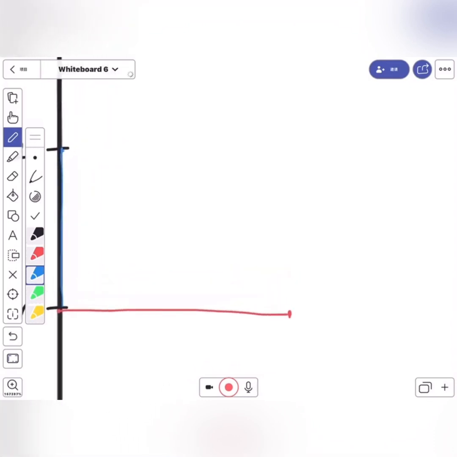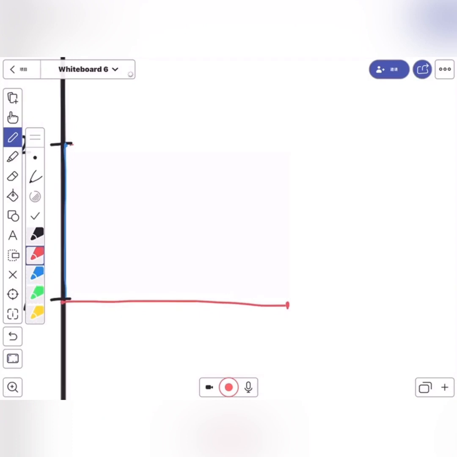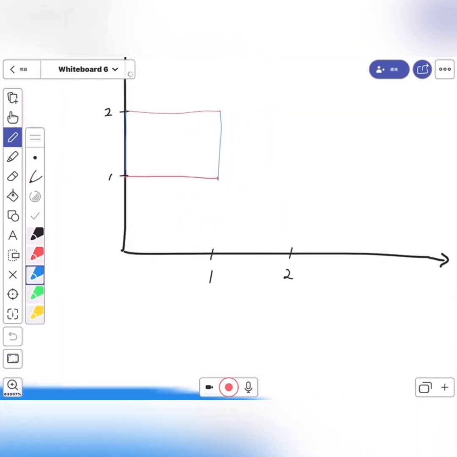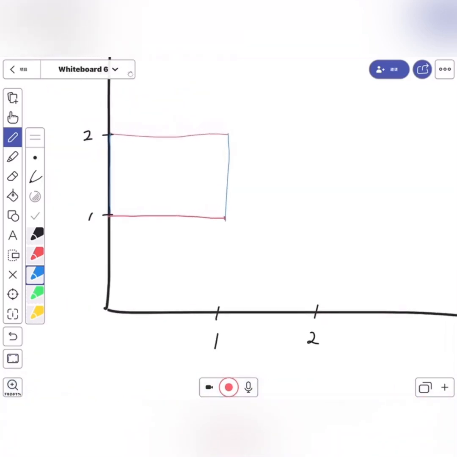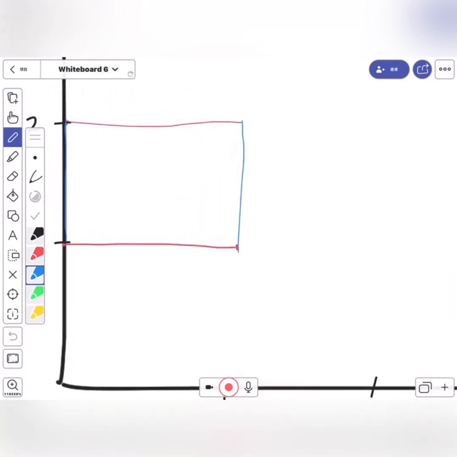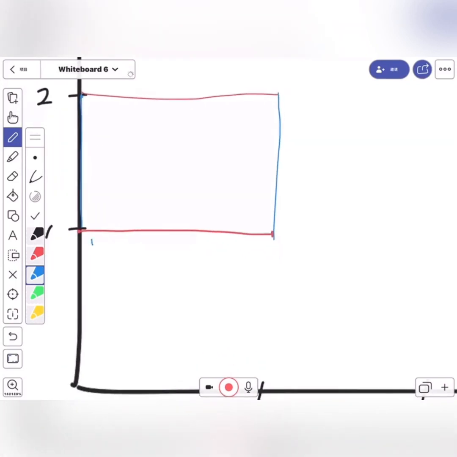So essentially we have to enclose this region. And it turns out to be perfectly a square, even though this drawing does not seem to be a square, it's not drawn to scale. So here we have this length to be 1 and this length to be 1.